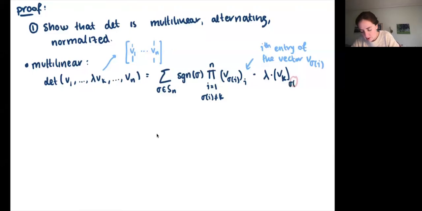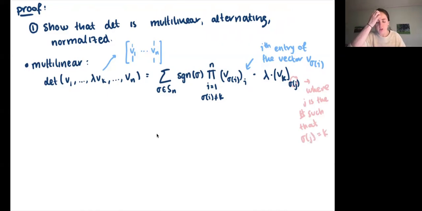So this will be v sigma of j, where j is the number such that sigma of j is equal to k. So j is exactly the index that was left out of this product.